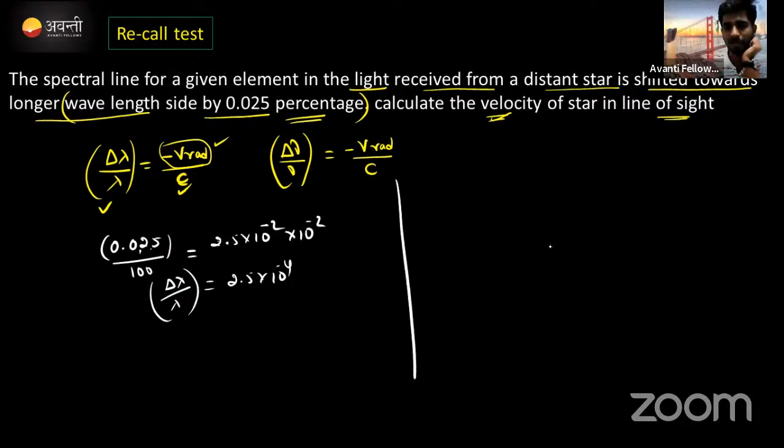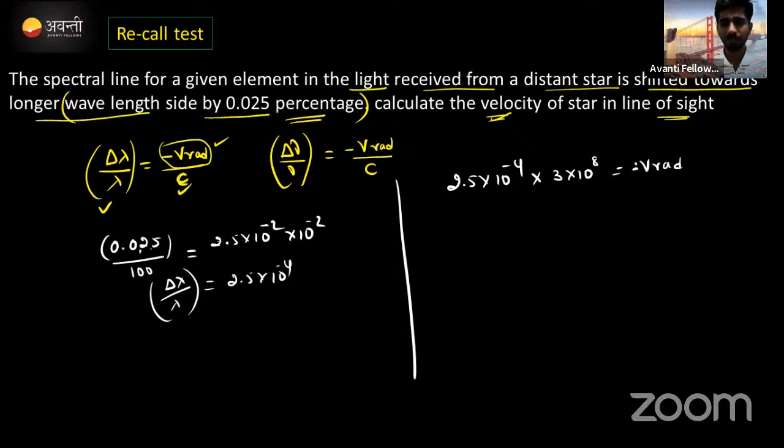Delta lambda upon lambda is 2.5 into 10 to the power of minus 4, and V radial we need to calculate. Multiply C here: C is 3 into 10 to the power of 8 meter per second, equal to minus V radial.